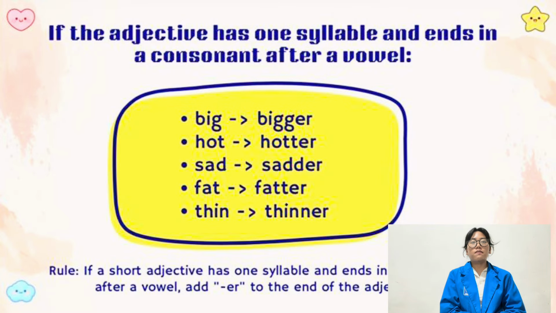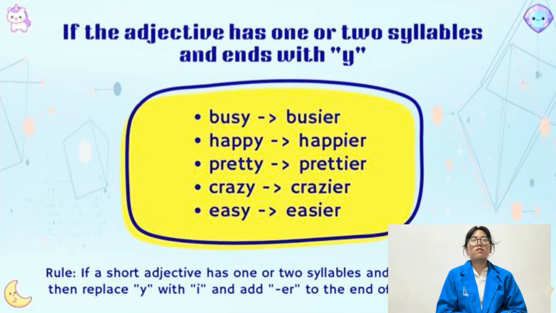Rules for comparative degree. There are several spelling rules when adding er. Rule number 1, if an adjective ends with one consonant after one vowel, double the consonant and add er. For example, big to bigger, hot to hotter, thin to thinner. Next, rule number 2, if an adjective ends with y, change y into i and add er.